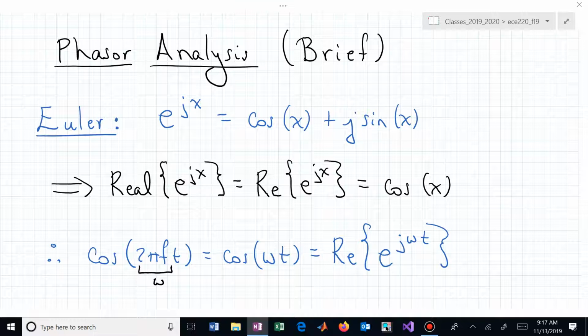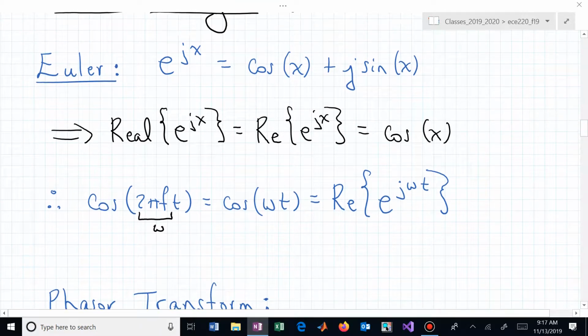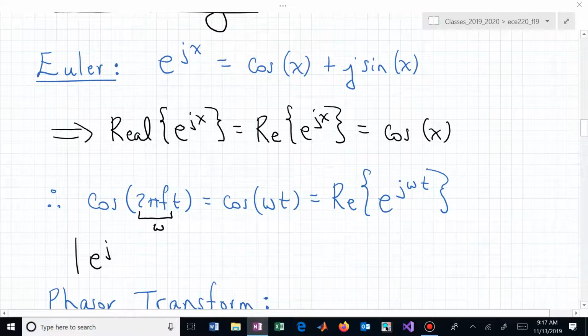And what's the magnitude of e to the jx? If somebody asked what the magnitude of e to the jx is, that's the magnitude of a complex number, which is the square root of the real part squared plus the imaginary part squared. Remember, when we play with complex numbers, real numbers weren't giving us enough information. We needed to go two-dimensional.